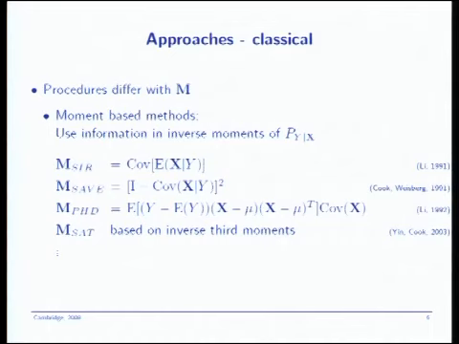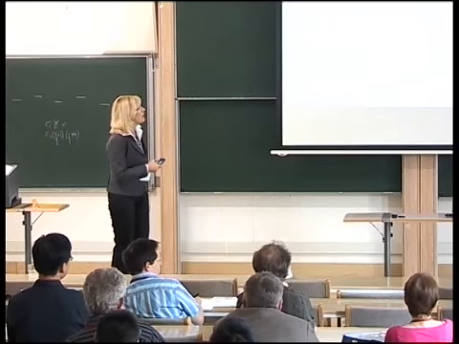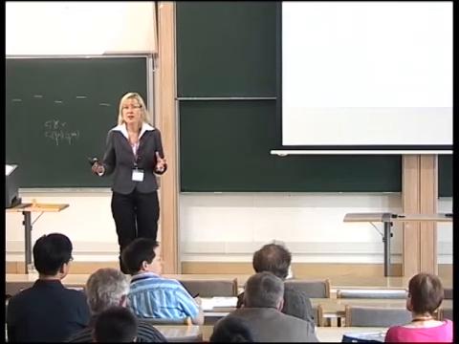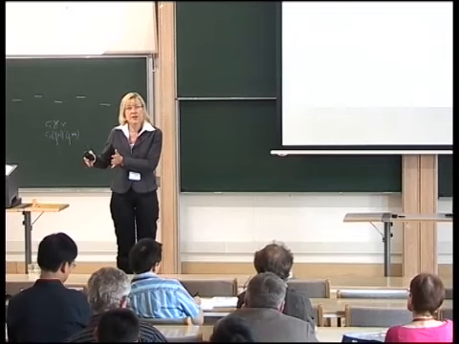And SIR, sliced inverse regression, takes the covariance of the conditional expectation of the predictor given the response. And that makes sense because under some regularity conditions, this conditional expectation lies exactly in the dimension reducing subspace B.